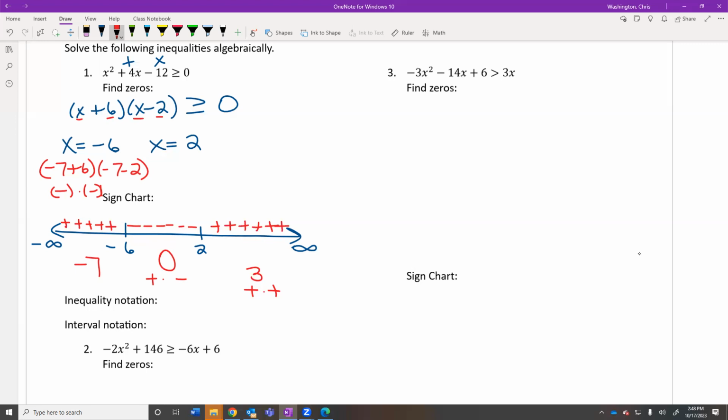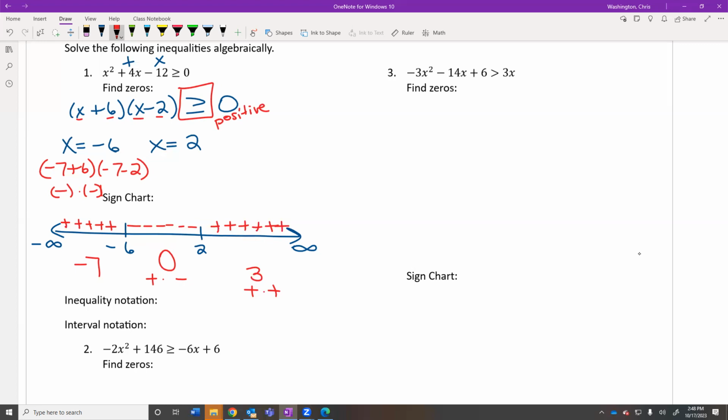Now we've got to figure out our answers. Are we looking for when it's positive, or are we looking for when it's negative? Well, it goes back up to this inequality symbol here. If that says greater than or equal to 0, what are we looking for? We're looking for 0 and greater than or equal to 0 means positive or equal to 0.